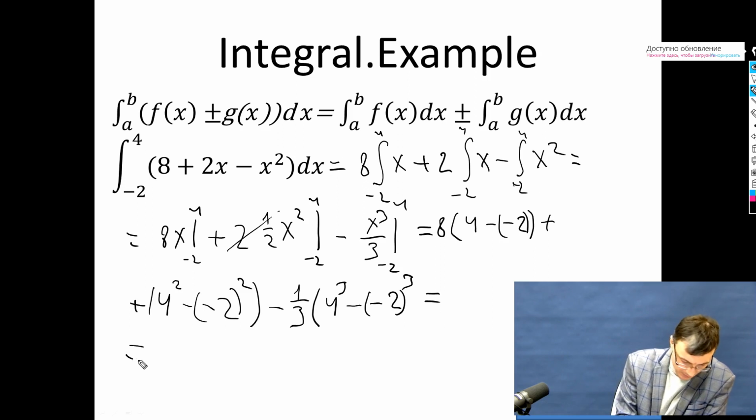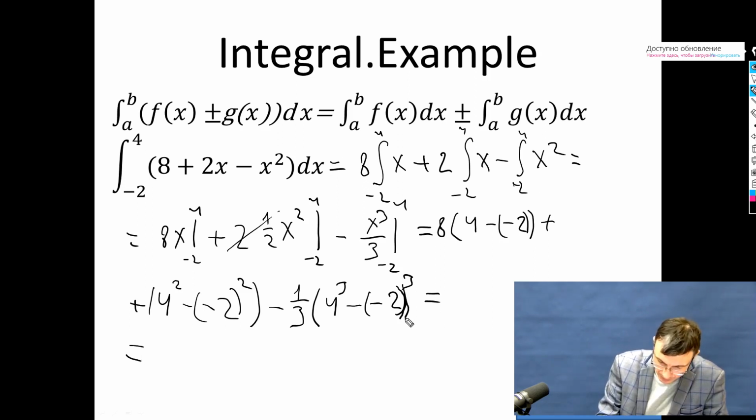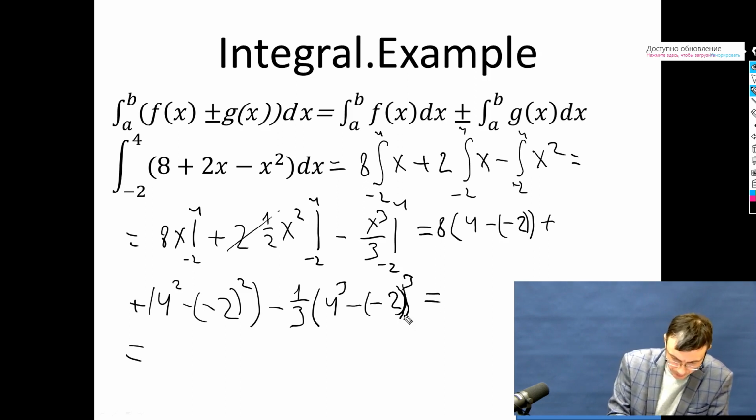We get here a double parenthesis. So we get first 8 multiplied by 6. Then we get here 16, and then here we have 2, and next to it will be 4.